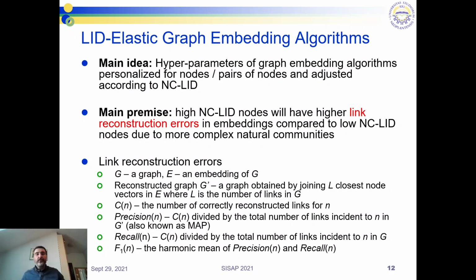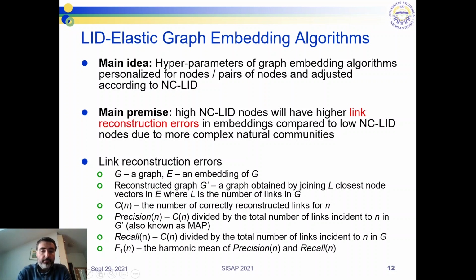And our main premise, our main hypothesis, is that nodes with high NCLID will tend to have higher link reconstruction errors. So basically, if we take a node from the original graph and that same node in the embedded graph, the neighborhoods from the two will tend not to match so well. The embedding algorithm will tend to make mistakes for high NCLID nodes.